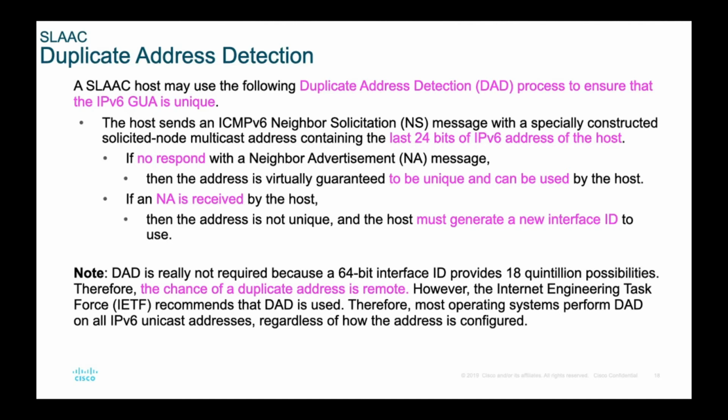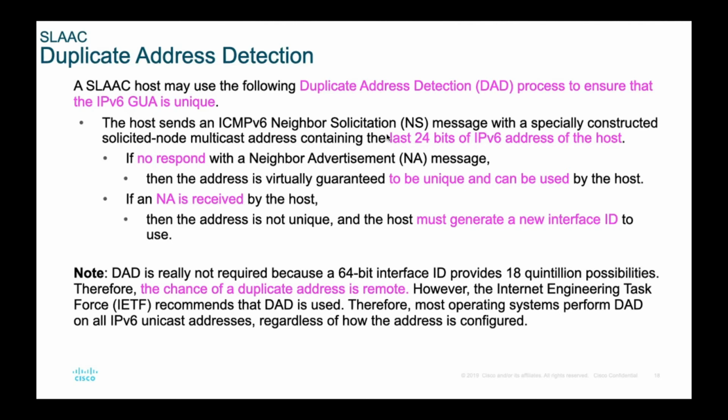So in order to ensure that there is no duplicate, every time a device generates the last 64 bits of the IPv6 address, it will send a neighbor solicitation message. This is a multicast containing the last 24 bits. They are not comparing everything, they only compare the last 24 bits. If there is a clash, it will change to a new IP.